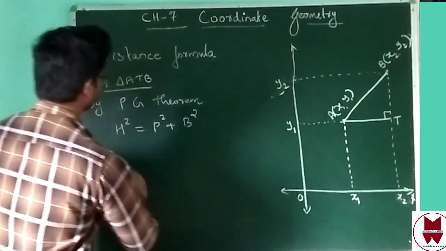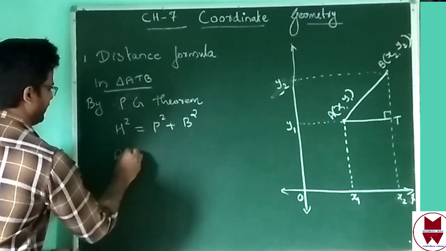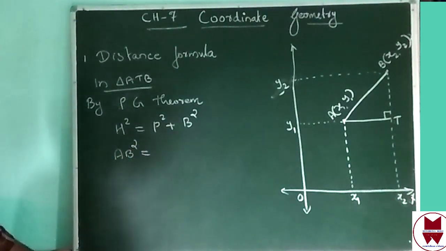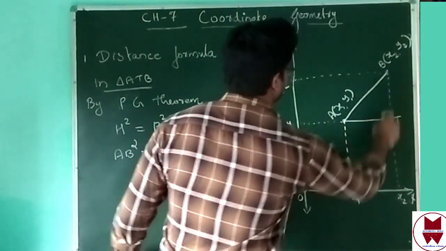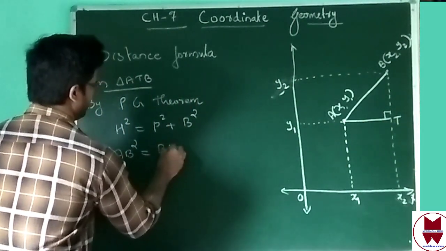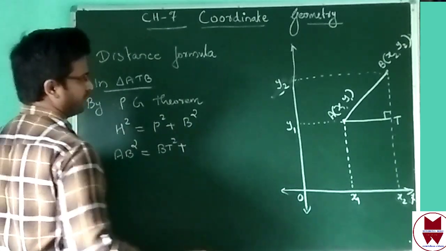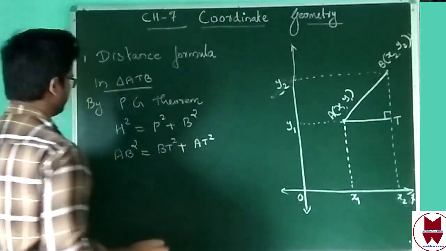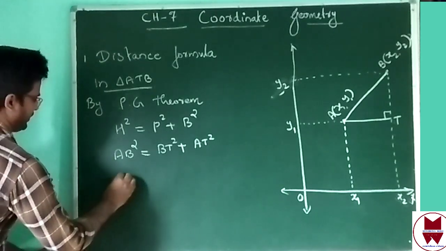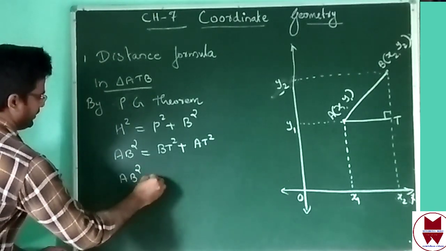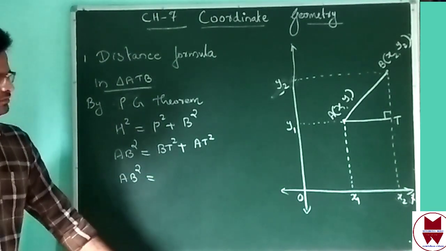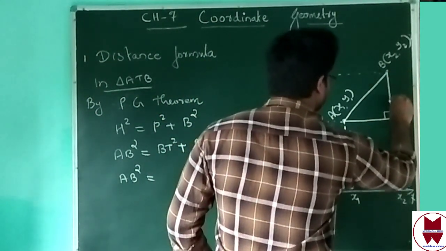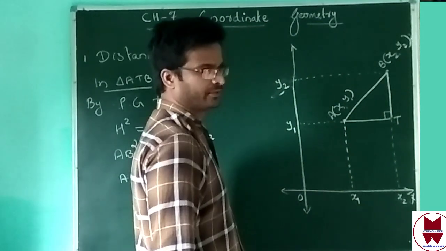Here, AB square equals perpendicular square, perpendicular means BT square, plus base, base means AT square. Then AB square equals BT. What is the BT value? BT means from here up to here, this much length. How much will you get? Check it.